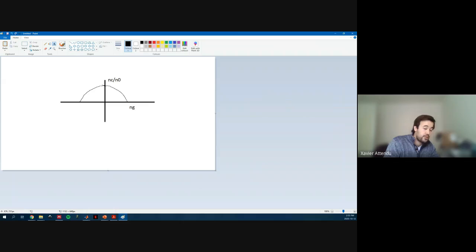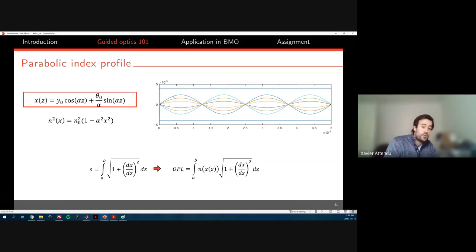And in this particular one, what happens is, even though this outer blue line, for instance, travels a longer physical distance than the yellow or the purple one, because it's traveling in a lower index, the optical path length is smaller, and therefore the effects compensate each other, and they end up having very, very close optical path lengths.